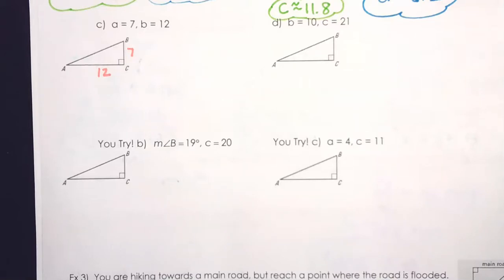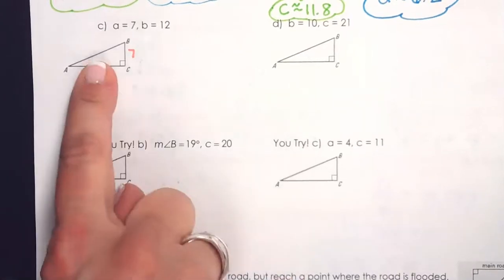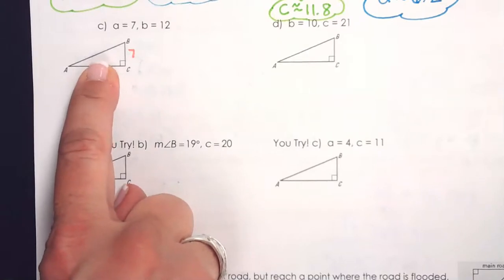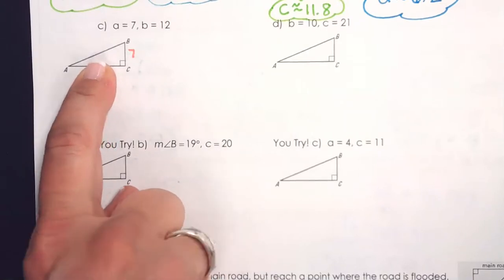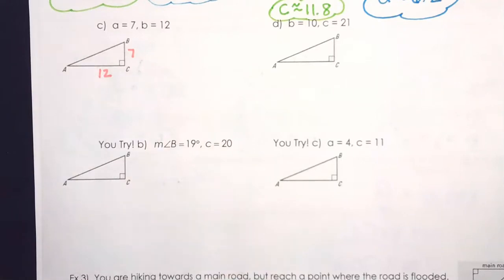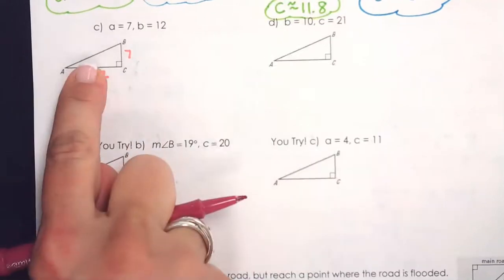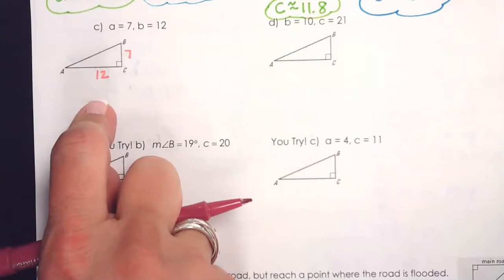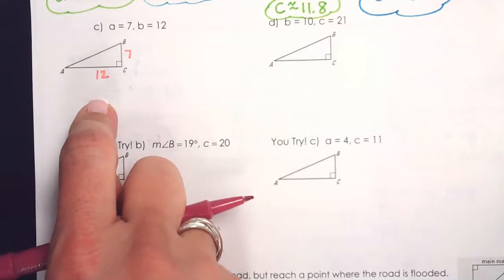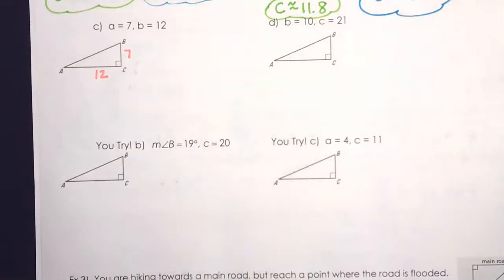Now, let's think about what we could do to find another side. What could we do if we wanted to find this side up here? The issue with sine of 90 is that it's going to give us 1 if we use that.